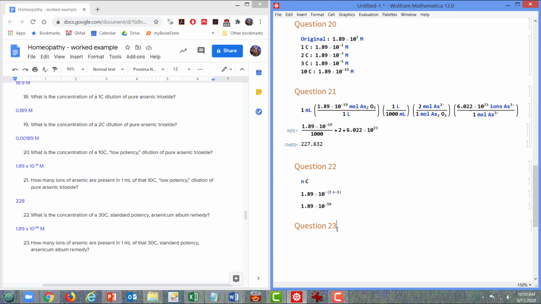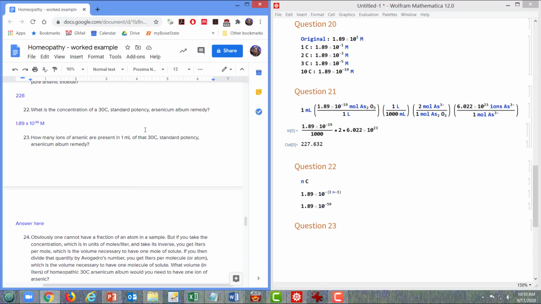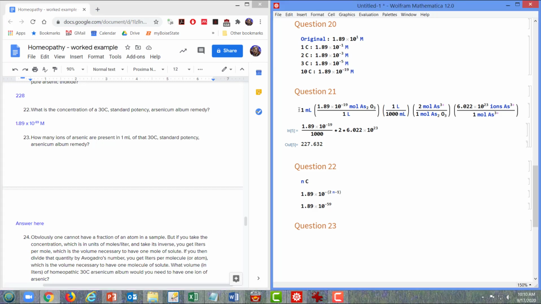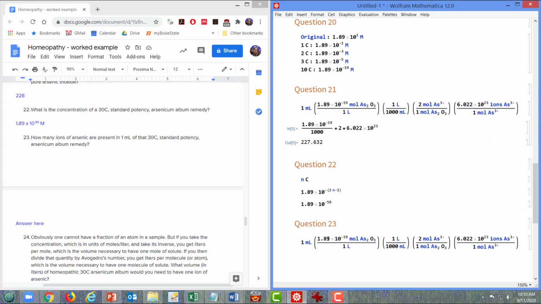Question 23. How many ions of arsenic are present in 1 milliliter of that? We're doing basically this same calculation here, but we have a different concentration we're looking at. So I'm going to take this, copy it down here, and we now have a different concentration, which is to the negative 59.